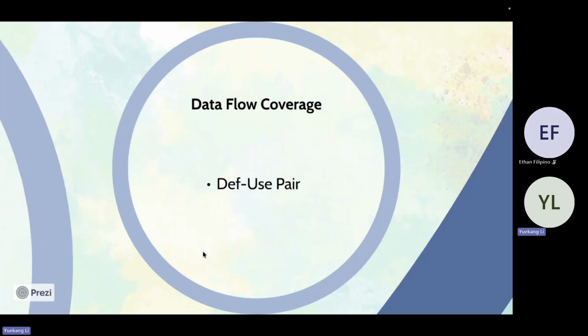The key of data flow tracking is checking all the def-use pairs. For this part, you should be able to explain what a def-use path and a def-use pair are. Given a piece of program, you should be able to identify all the definitions of a variable and all the usages of that variable.